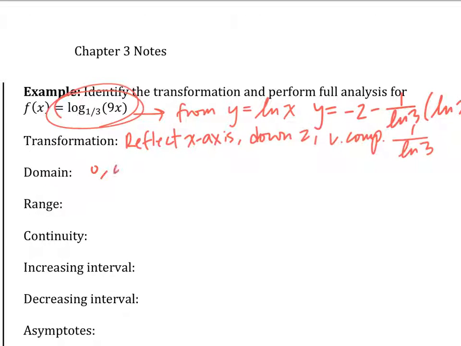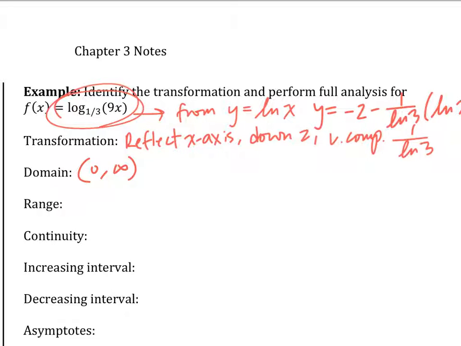All right, Andy, domain. Do we include 0? Correct. Josh, range? It does have a range. If it doesn't have a range, it won't show up. Guess again. How about Evan? Do you know?